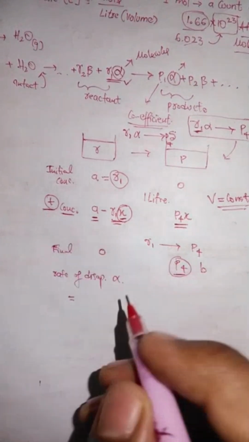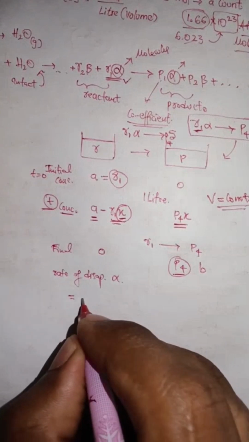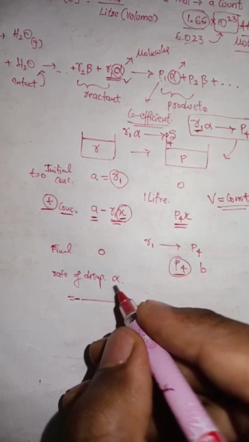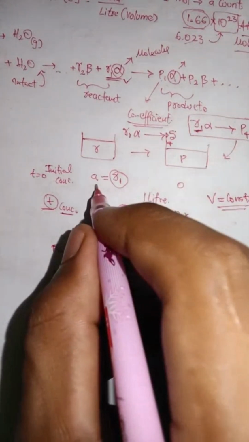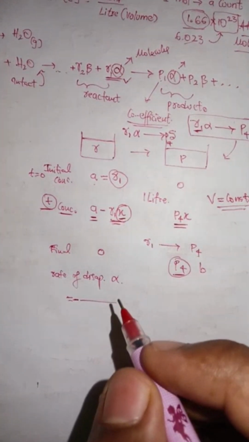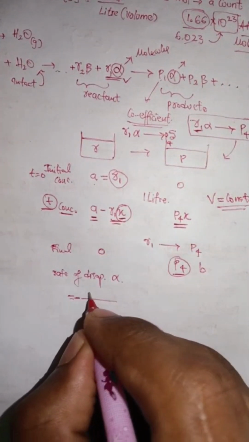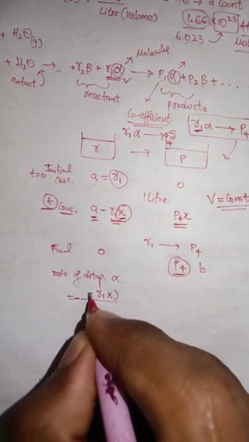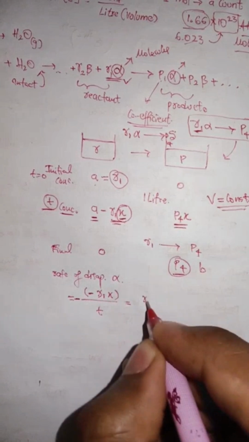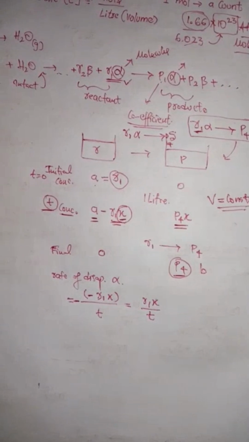Let's take t equals 0 here, and t here. The rate of disappearance comes with a minus, and taking the alpha concentration earlier as a, I mean the final concentration should be subtracted from the initial concentration. As we subtract, we get minus R1x divided by the time t, and in this way we get a positive value. This is actually the rate of disappearance of alpha.